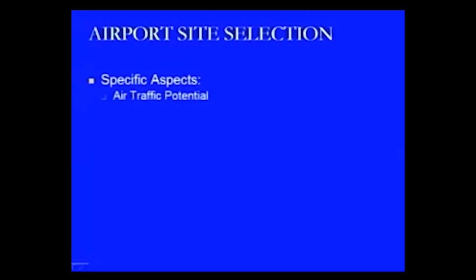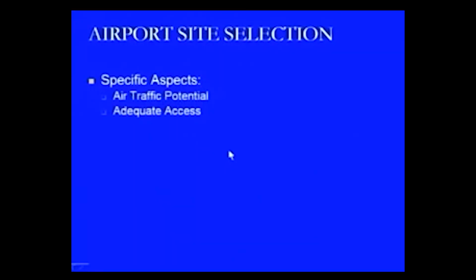We have to look at whether there is a potential of any traffic which will be traveling by air in a specific area where we are interested in providing an airport. If that is there, then what is the magnitude of that is going to be discussed, and what type of traffic is there, whether it is more of a passenger traffic or more of a freight traffic. That is another thing which needs to be taken care of.